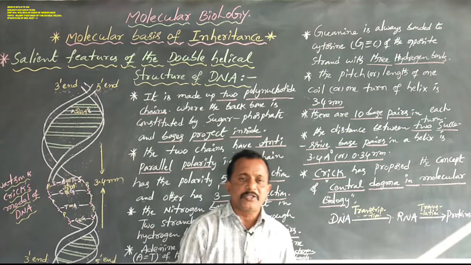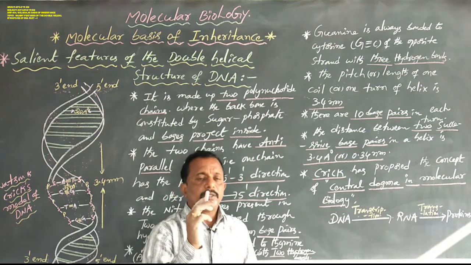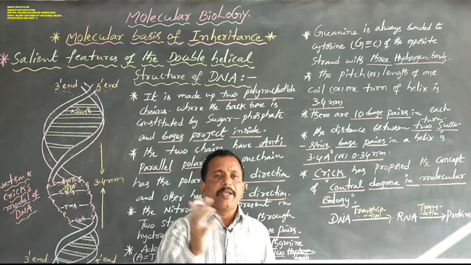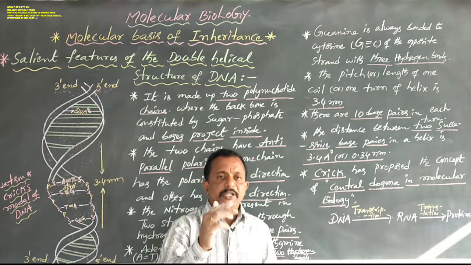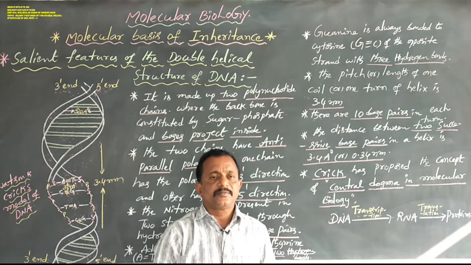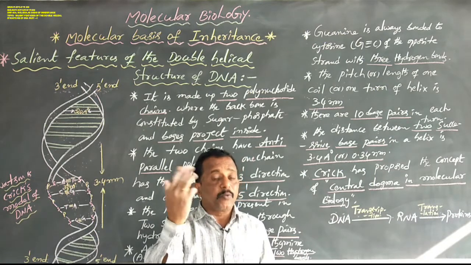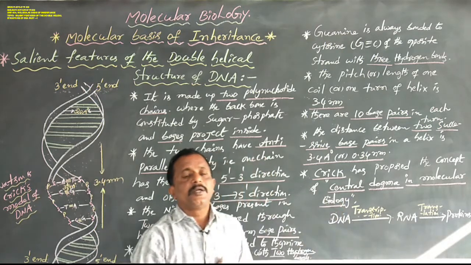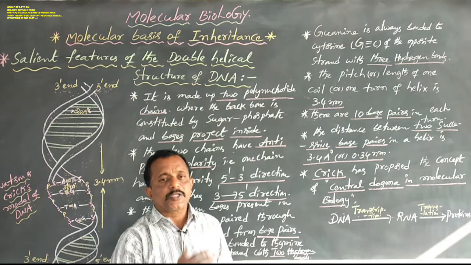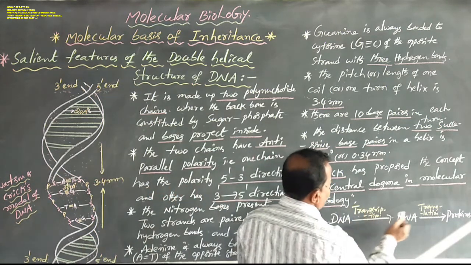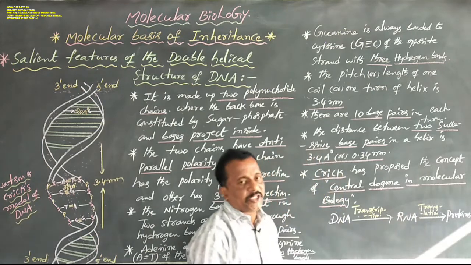It explains that genetic information flows from one generation to another, or from DNA to RNA and finally to proteins. Two phenomena are involved: first transcription, second translation.